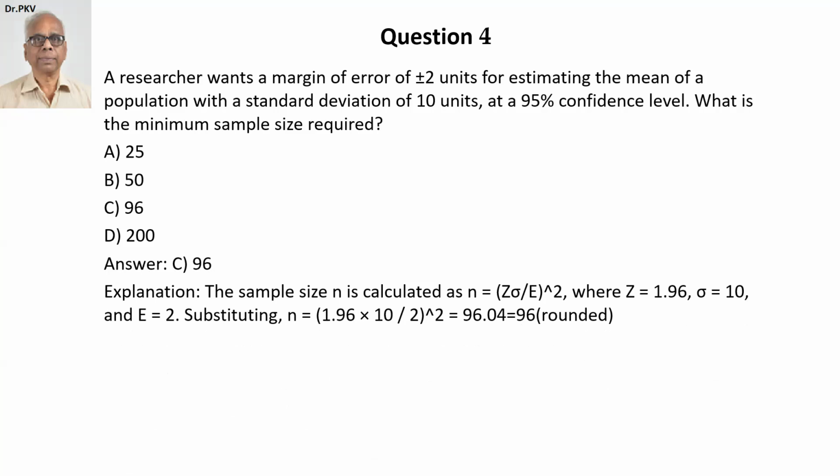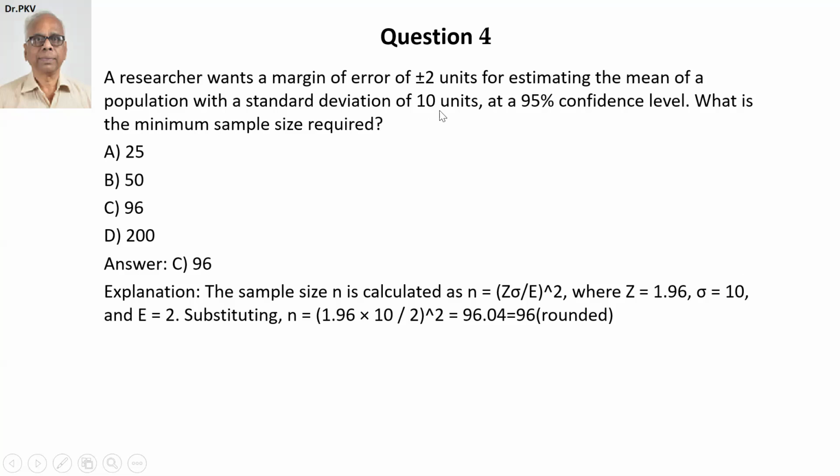Explanation. The sample size n is computed by the formula Z sigma by E, the whole squared. So Z is 1.96 for the 95% confidence level. In the standard normal distribution, the ordinate Z is 1.96.